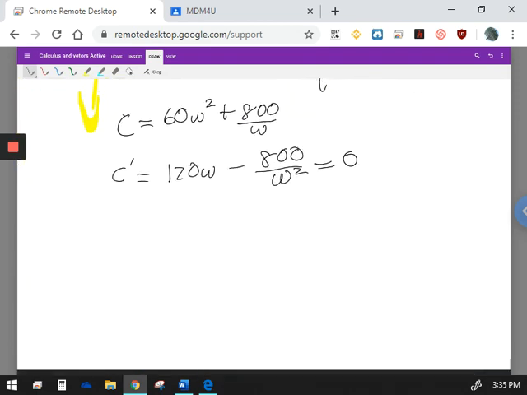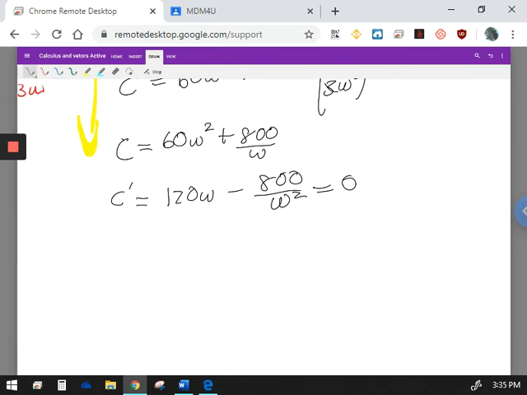So moving in here, I'm going to zoom in on this guy. So I guess since this is negative, I'll pass it over. It's going to be a nice little algebra there. 120w equals 800 over w squared. I just passed over this negative 800 here, that side. And now I'm going to, I suppose, cross multiply.